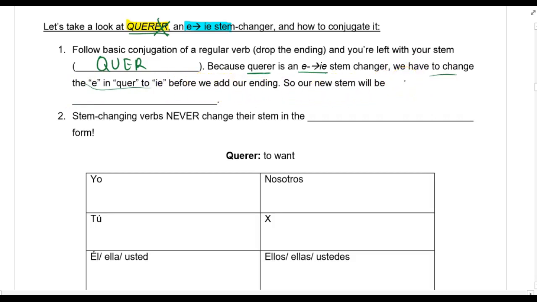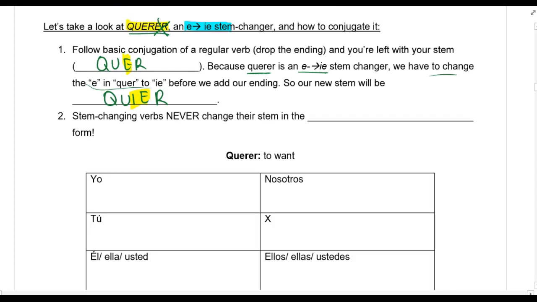So our new stem is going to be quier. Basically this E changes to IE. Now, there's one catch to this.